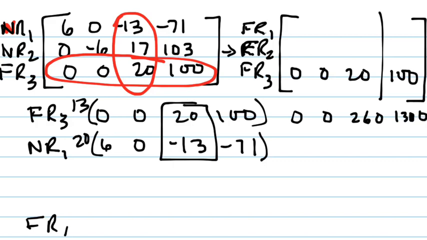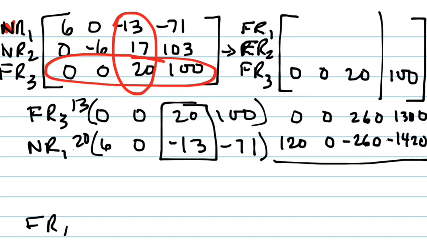Now let's do the bottom. 20 times 6 is 120. 20 times 0 is 0. 20 times -13 is -260. Better be. That's the whole point. And 20 times -71 is -1420. Now let's combine all that stuff. 0 and 120 make 120. 0 and 0 make 0. 260 minus 260 makes 0.